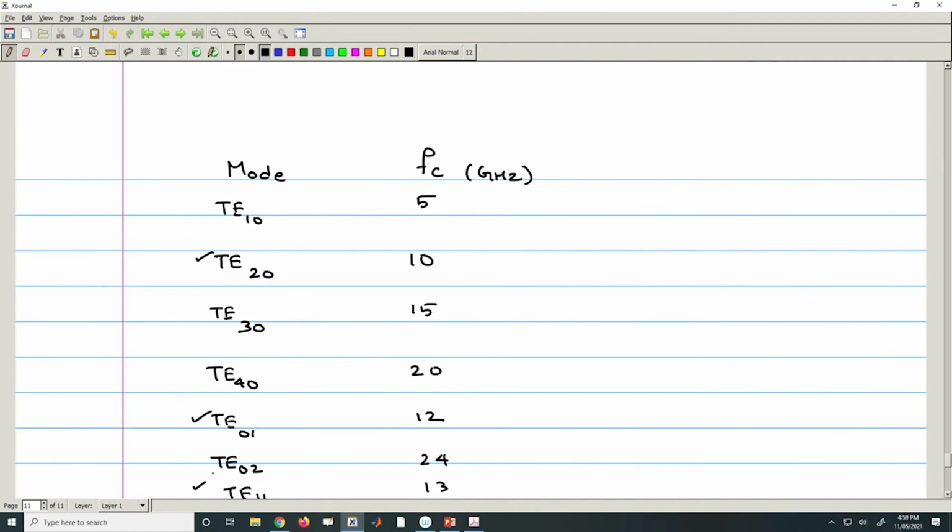Therefore, the next 3 higher order modes are TE20, TE01, and TE11.